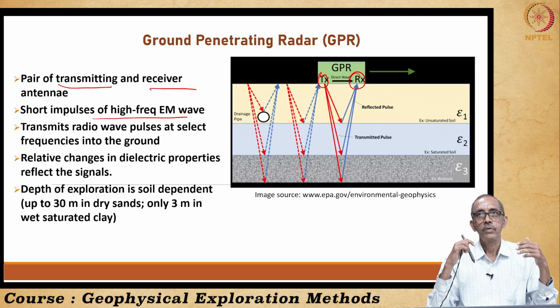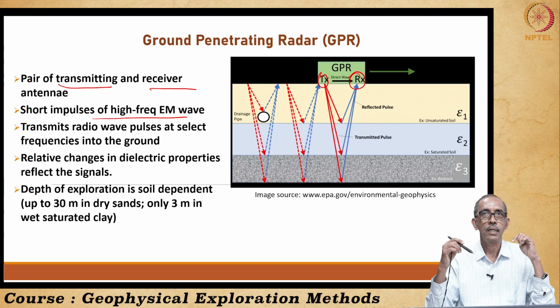These waves, which are nothing but radio waves, are generated as pulses in different frequencies, right. Antennas capable of transmitting the signals in different frequencies are available. We are going to see that a little later.